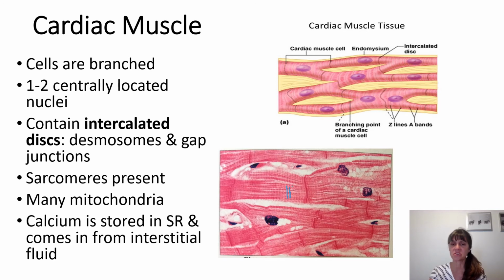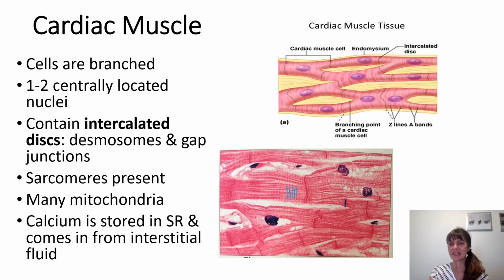That's due to the presence of the sarcomeres, which are the functional contracting units produced by the overlapping actin and myosin. Cardiac muscle tissue also contains special structures referred to as intercalated discs.